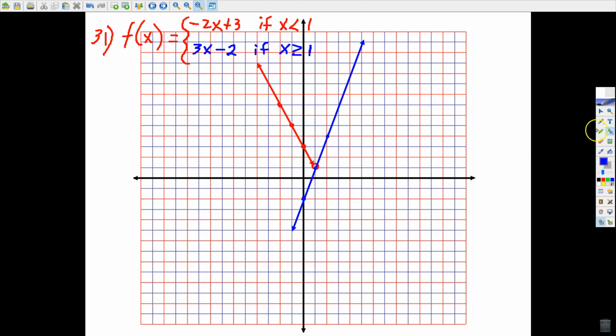Well, on the blue line, we're talking about 1 being right here. Okay, and so the line that extends beyond or to the left, down and below, where x equals 1, I need to get rid of.